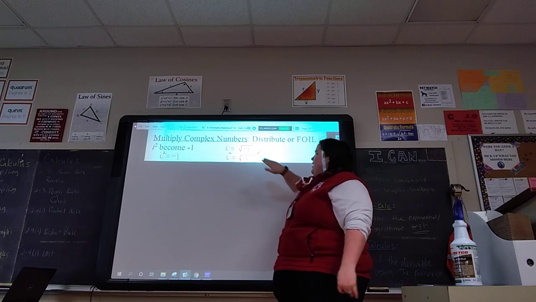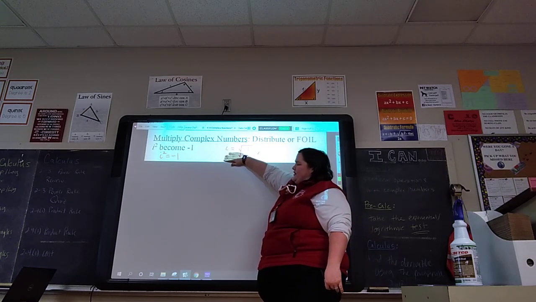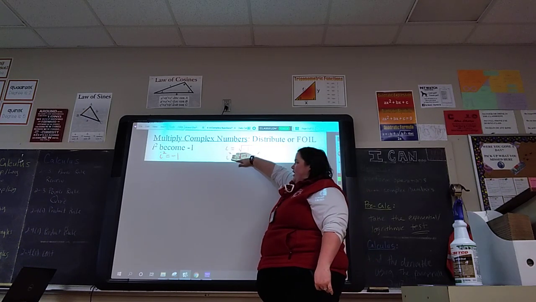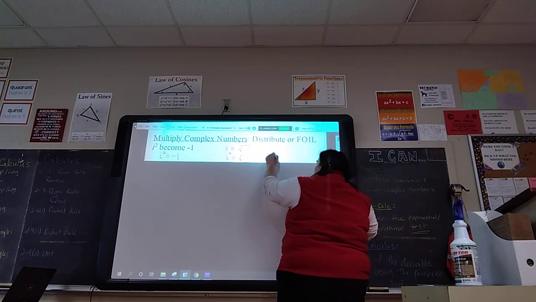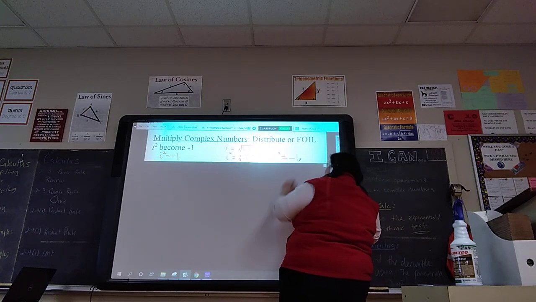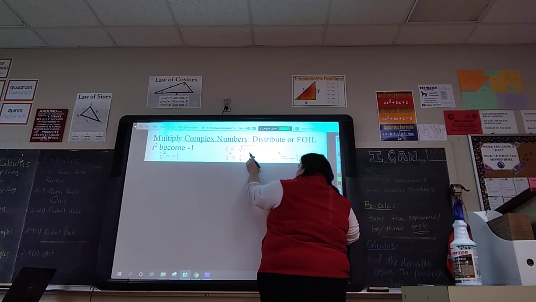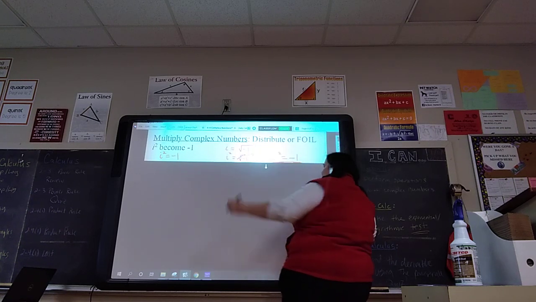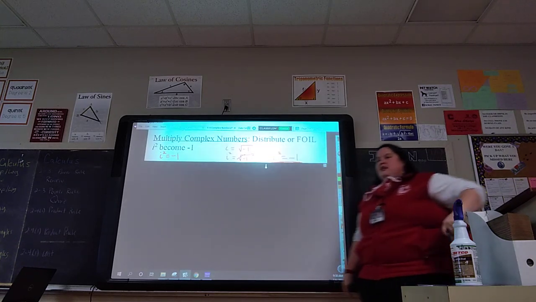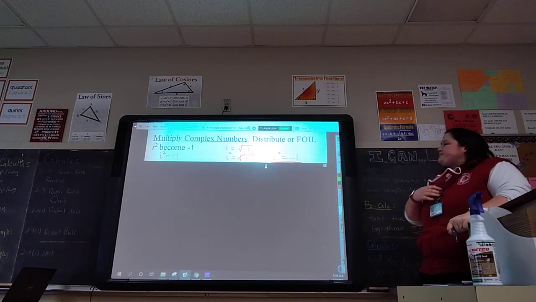So that's why, because i is defined as the square root of negative 1, i squared equals negative 1. If you square an i, you're squaring a square root, which will cancel out that square root. So that's why i squared always becomes negative 1.